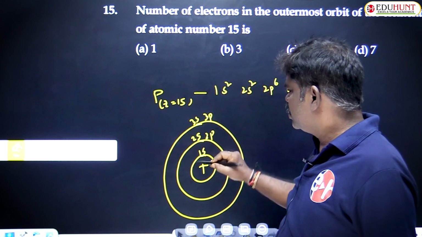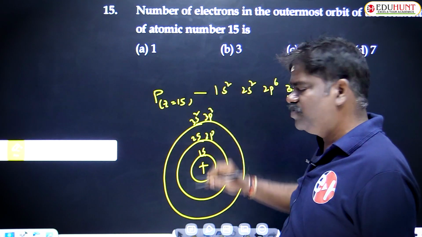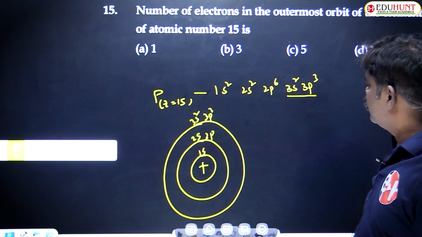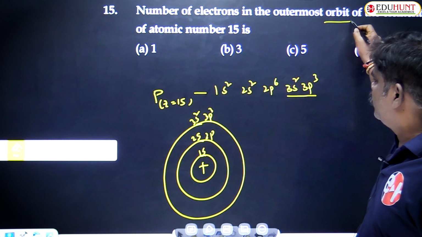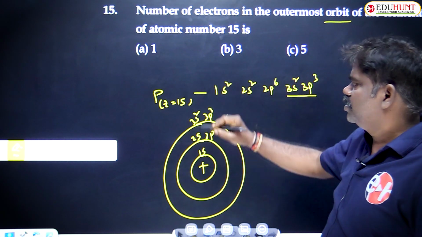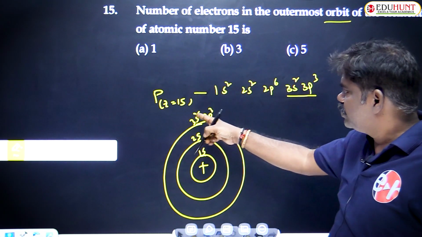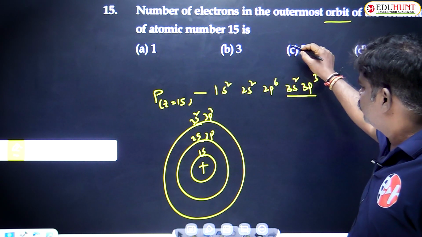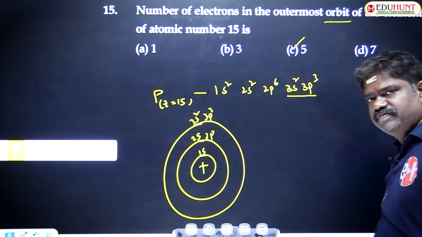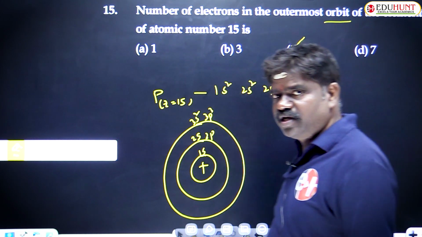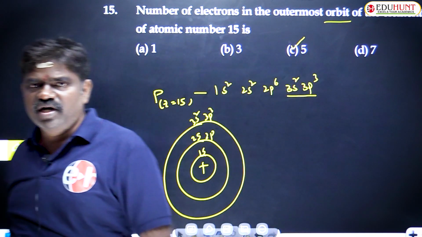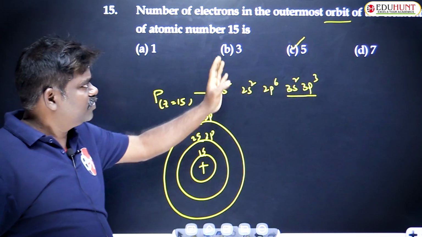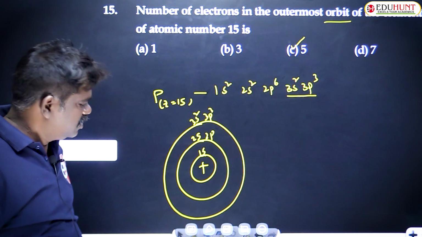The electrons present in the outermost shell are in 3s and 3p. This is called the valence shell, or outermost orbit, known as orbit or shell. So the total number of electrons present in the outermost orbit for atomic number 15 is 5 electrons. This is the answer.